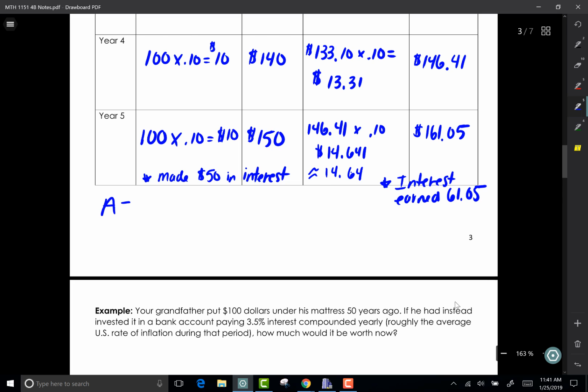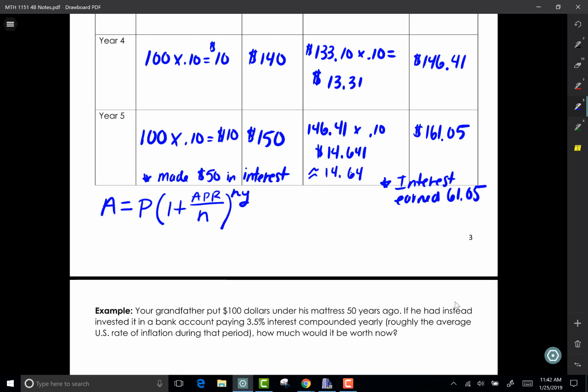So our compound formula is A for our accumulated amount, equal to my principal times 1 plus my APR, which is my annual percentage rate, divided by N, which is the number of times it's compounded per year. And that's all raised to the power of N times Y. That's the number of times compounded per year times the number of years.